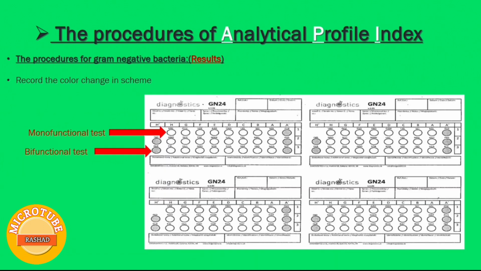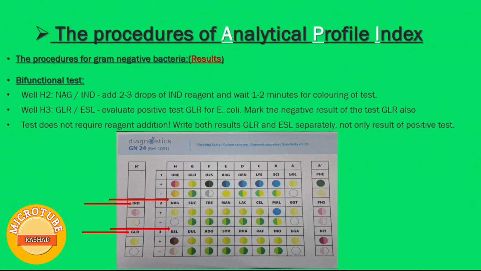This picture means to record the result after incubation, recording the culture change in the scheme. Bifunctional test well H2 and well H3. Take the result of NAG, then record in the previous scheme.